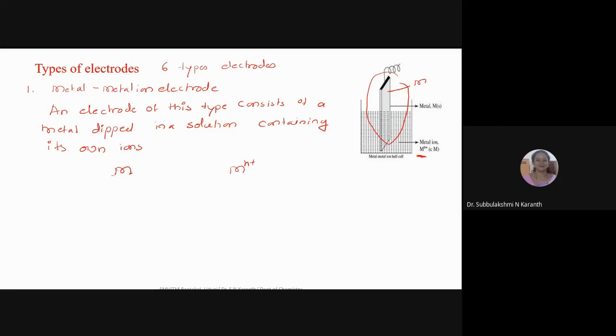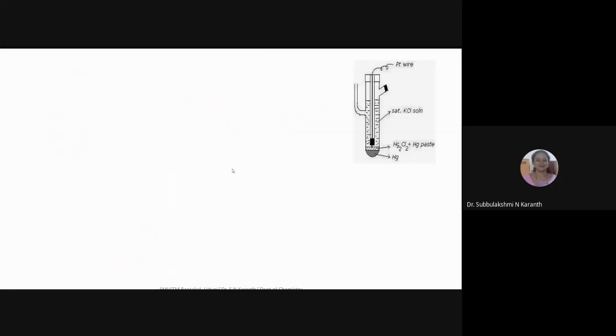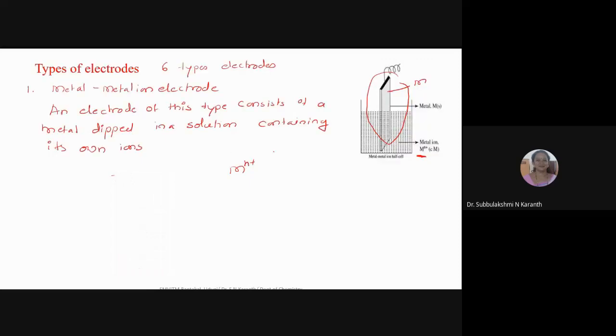And how do we represent this electrode? This is simple, like in the case of the Daniel cell, where you already represented a copper electrode and a zinc electrode.